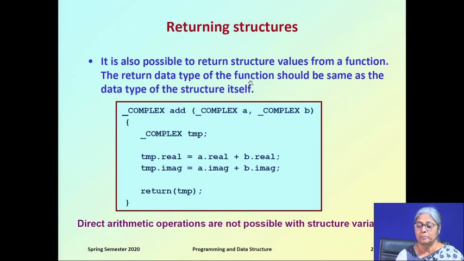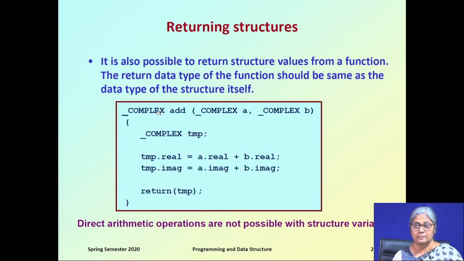The return data type of the function should be the same as the data type. The only thing is that here the arguments of the functions are a user defined data type, not what C provides like integer, float or character. This is the only difference. Otherwise, the C provision is the same.